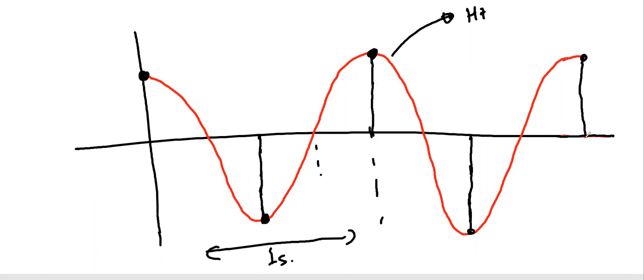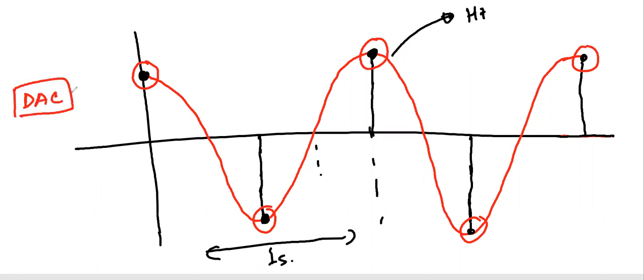Why are those necessary? Because if I give samples, like sample number 1, 2, 3, 4, 5, to the digital to analog converter, in the output, whatever analog signal we find, what is the frequency of that analog signal?